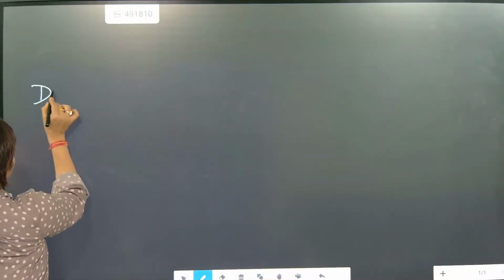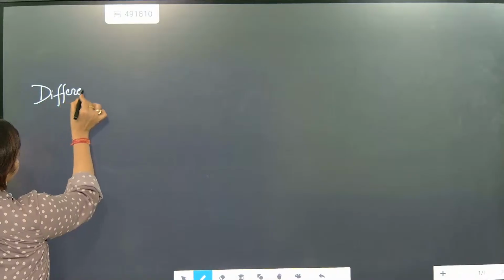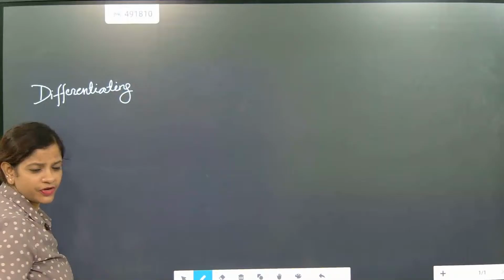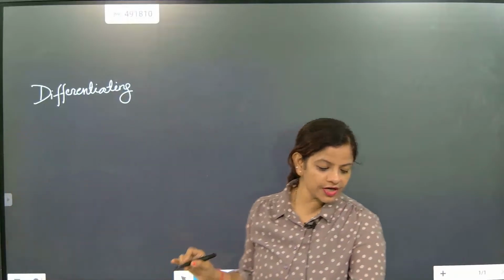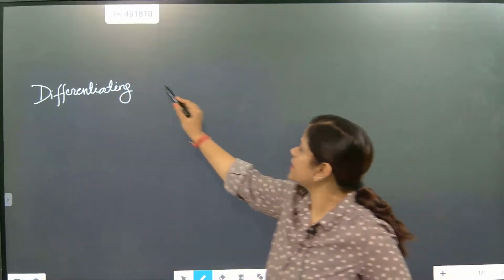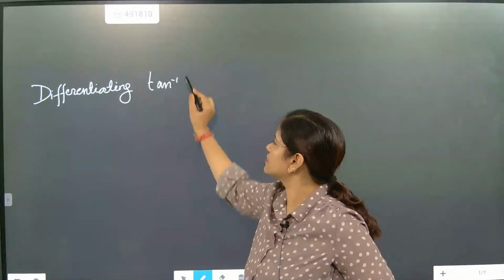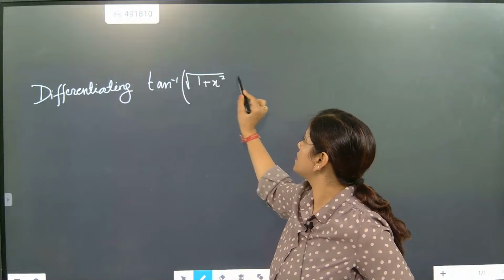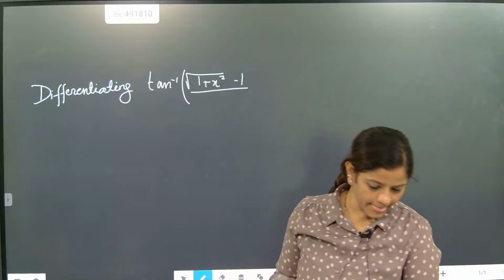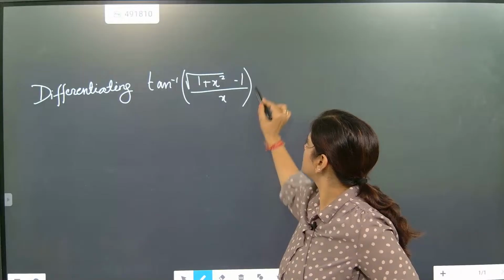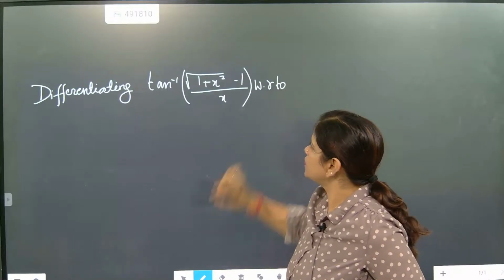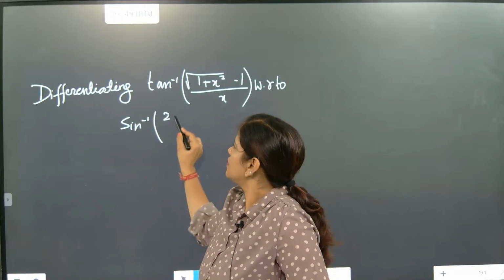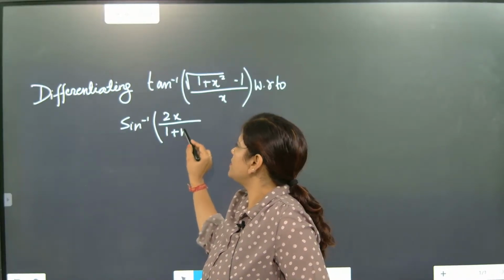Now look here, differentiating. This is possible. They can ask this type of question. What you need to differentiate is, look here, differentiating tan inverse of root under 1 plus x square minus 1 by x with respect to sine inverse of 2x by 1 plus x square.